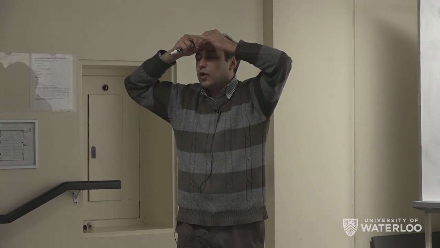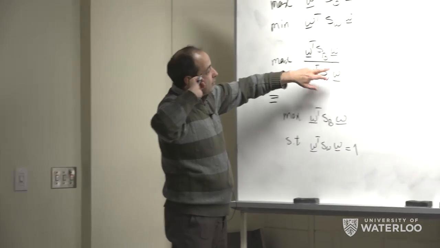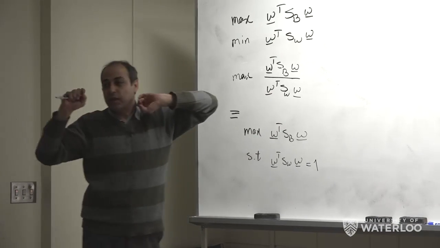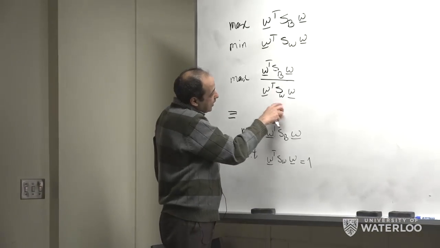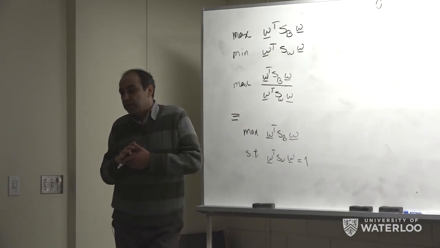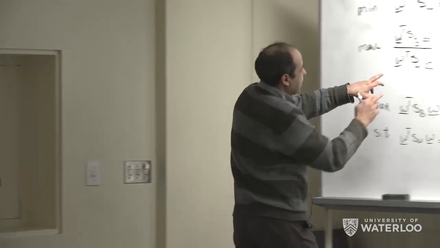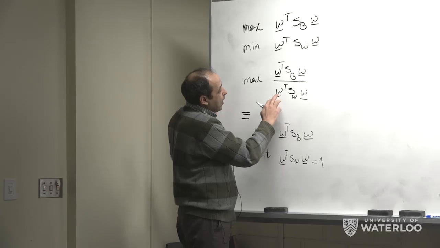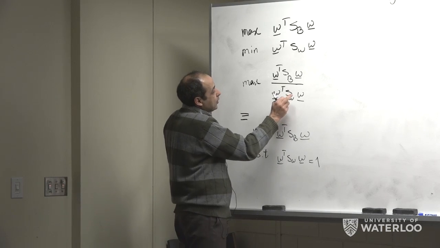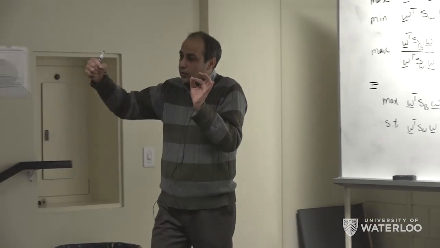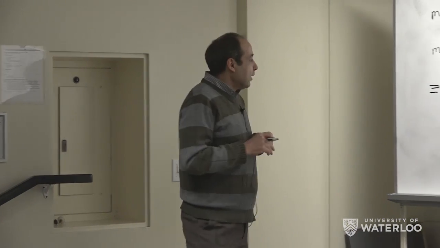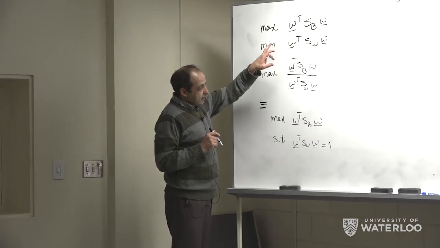It's not exactly the same, because SW gives sort of an implicit bound to the problem, but intuitively you can fix W transpose SW W, which has to do with the length of W, and just search for the direction. So these two problems are equivalent.